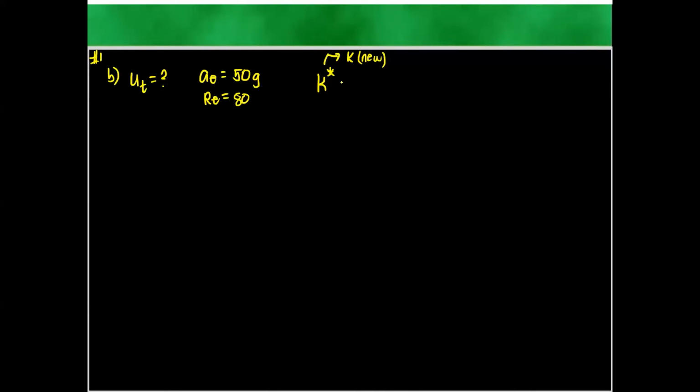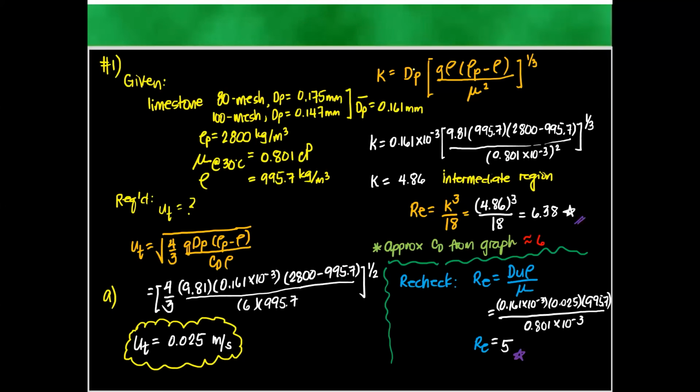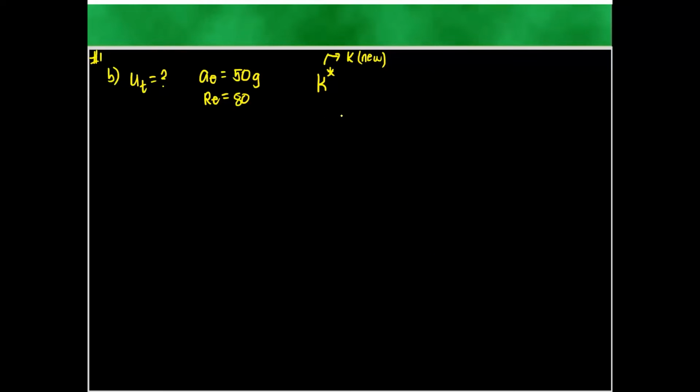So with that, how do we solve for that? Again, the formula for k is this one, right? What do you notice is the difference if I make the acceleration 50 times g? Only that 50, right? Everything else remains the same. So I can say that in order to solve for the new k, it's simply the old k times 50 raised to 1/3.